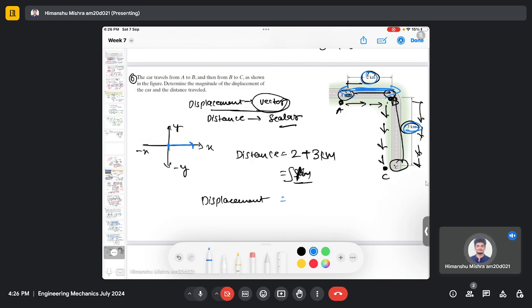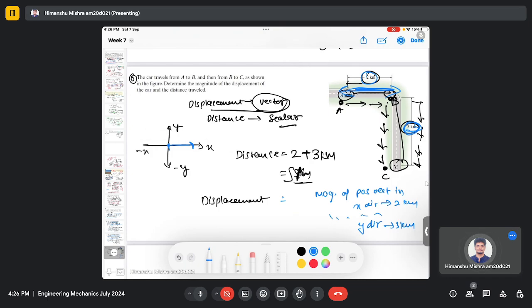So the magnitude of the displacement or position vector in the x direction is 2 kilometers, and in the y direction it is 3 kilometers.